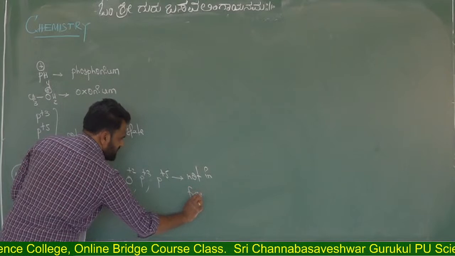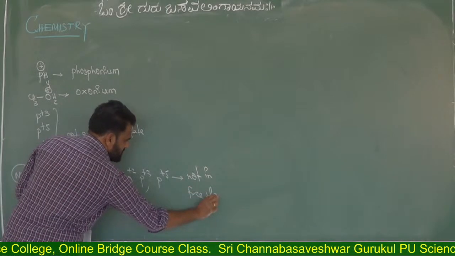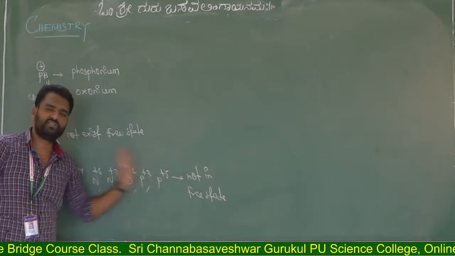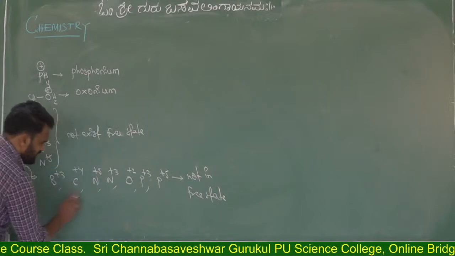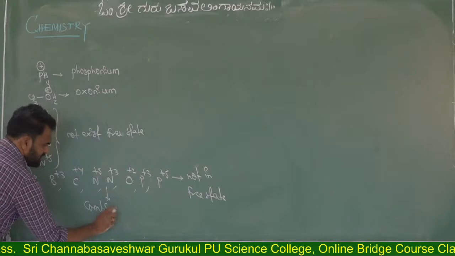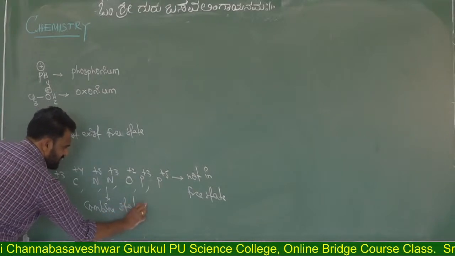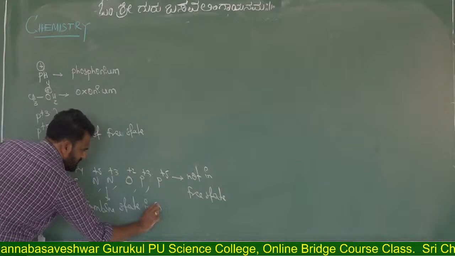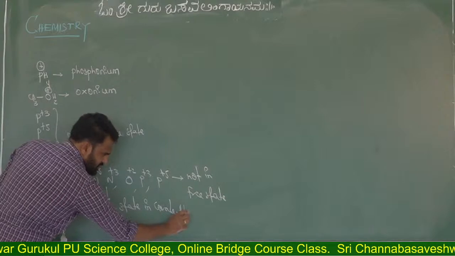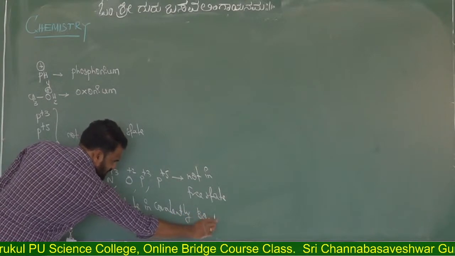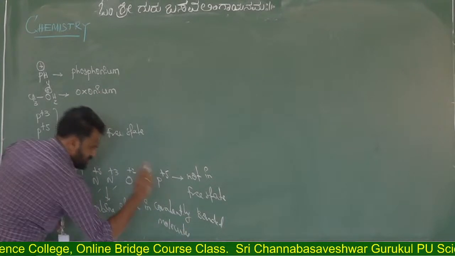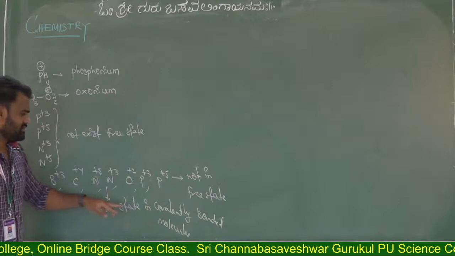You will get this type of ions in the combined state, in covalent compounds, in covalently bonded molecules.